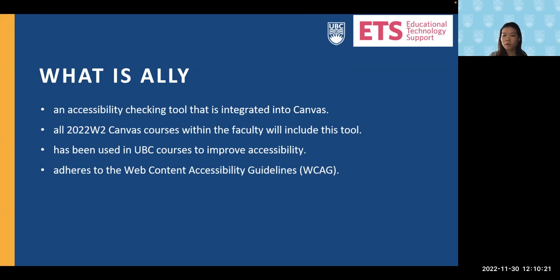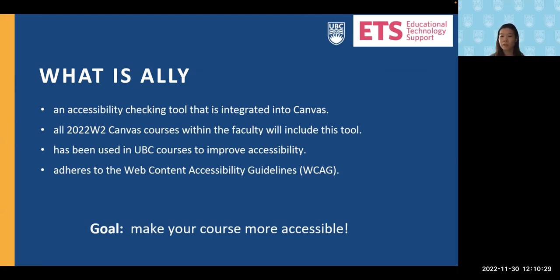The primary goal of this tool is to make your course more accessible. So using this tool not only provides in-the-moment learning opportunities to understand web accessibility and why it is important, but it also helps develop the habit of putting accessibility in mind when creating content.